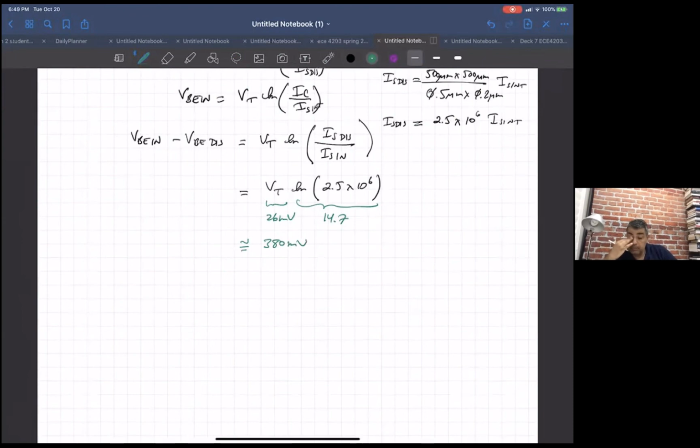So basically the base emitter voltage for a small device, or a device that's integrated into a chip, needs to be 300-400 millivolts higher than the base emitter voltage for a large discrete device that you would buy. So that's what that example is showing you: the relationship between area of the emitter and the base emitter voltage required. Okay, guys, I think I'm going to stop here.